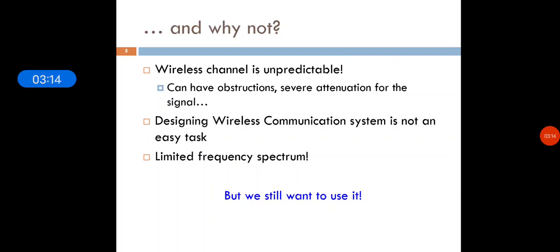I have already told you that this communication is carried out by electromagnetic waves, and we take a portion of the electromagnetic wave and transmit our data over there. Frequency spectrum is limited, meaning we have a limited portion allotted to transfer our data over that medium.